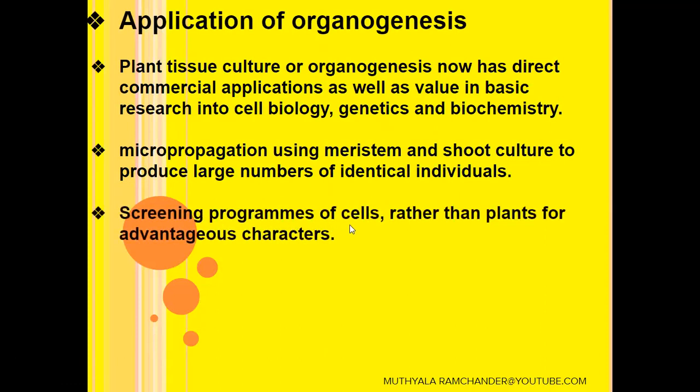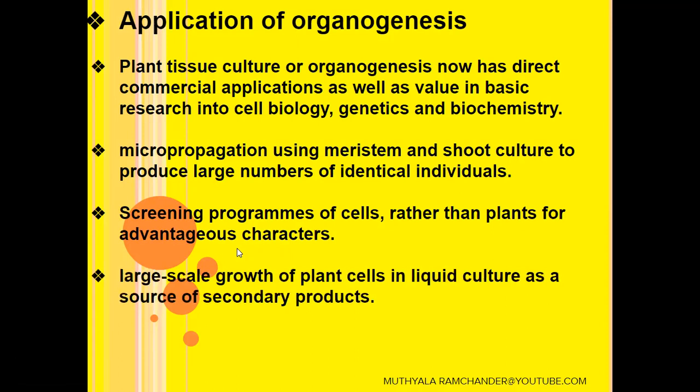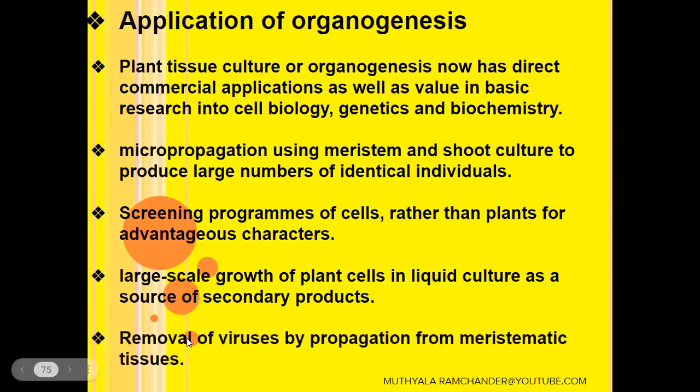Screening programs of cells rather than plants for advantageous characters, large scale growth of plant cells in liquid culture as a source of secondary products, and removal of viruses by the propagation of meristematic tissue.